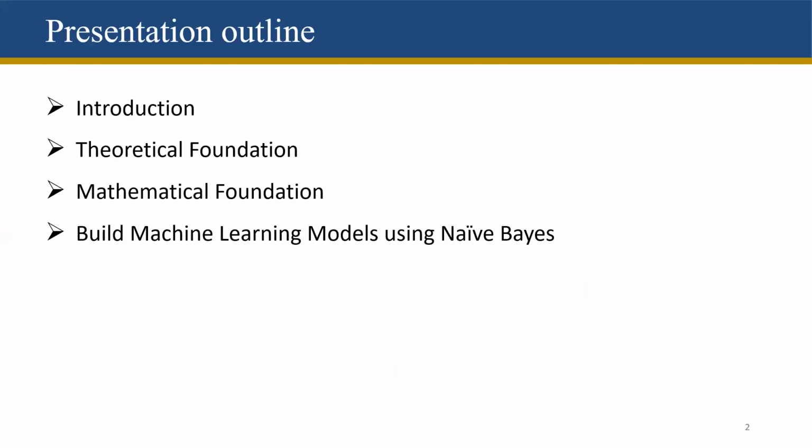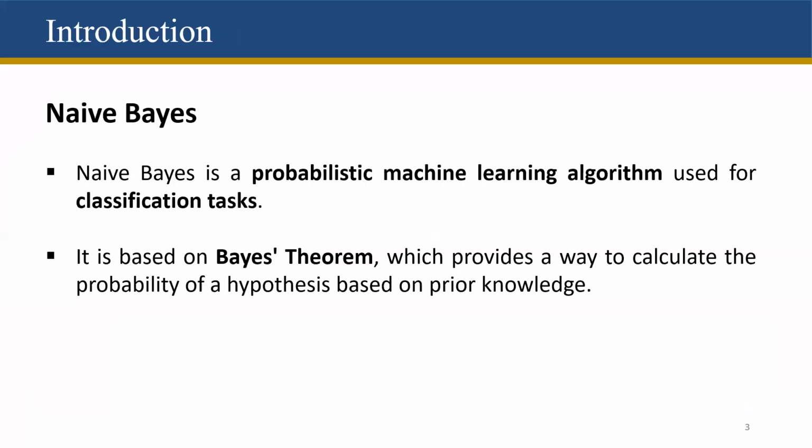So we are going to look at the introduction, some theoretical foundation, and the mathematical foundation that supports this algorithm and why we are even using it in the first place. So the naive Bayes is a probabilistic machine learning algorithm used for classification tasks. Earlier on, when we were dealing with the SVM and also the decision tree, we made mention of the fact that, well, for those ones, we can use them for classification and regression.